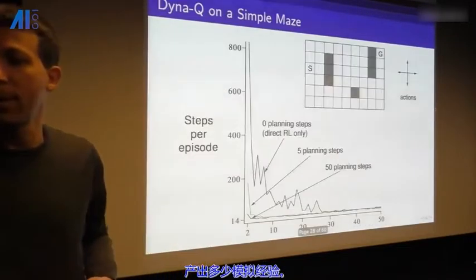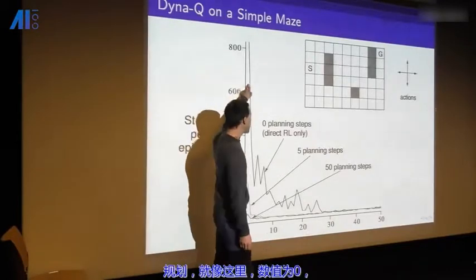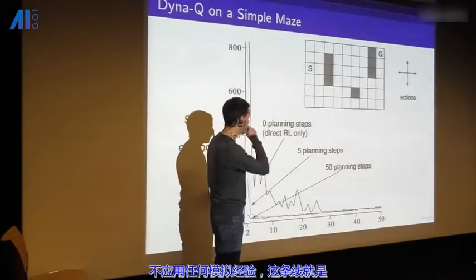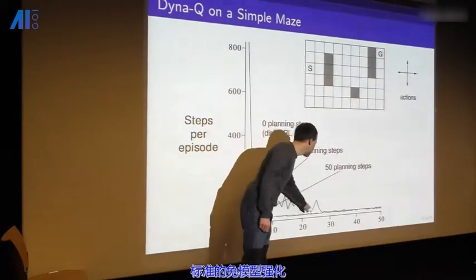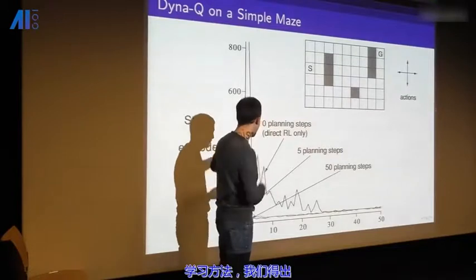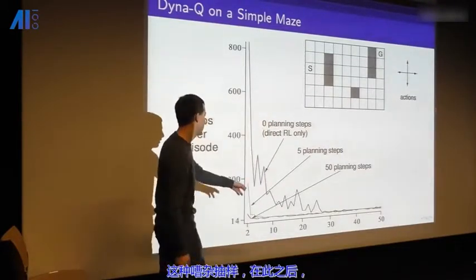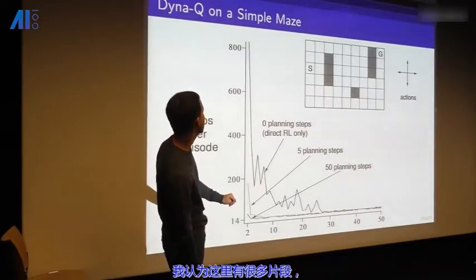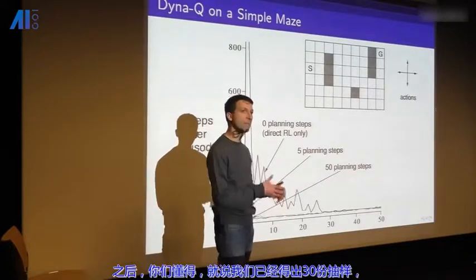And what we see is that if I don't do any planning, if n is 0, if I don't use any imagined experience, this is our standard model-free reinforcement learning approach down here. We get these noisy samples, and after, I think this is the number of episodes down here, after say 30 episodes, we've figured it out.